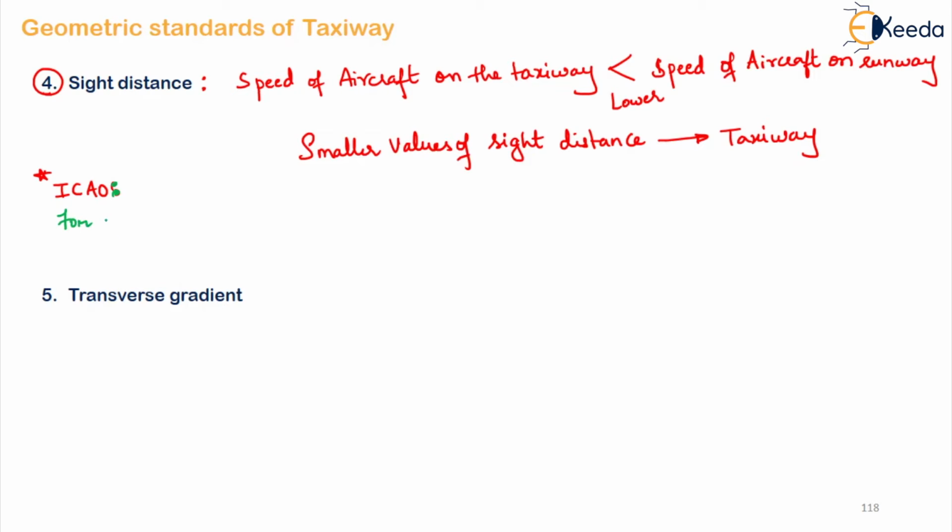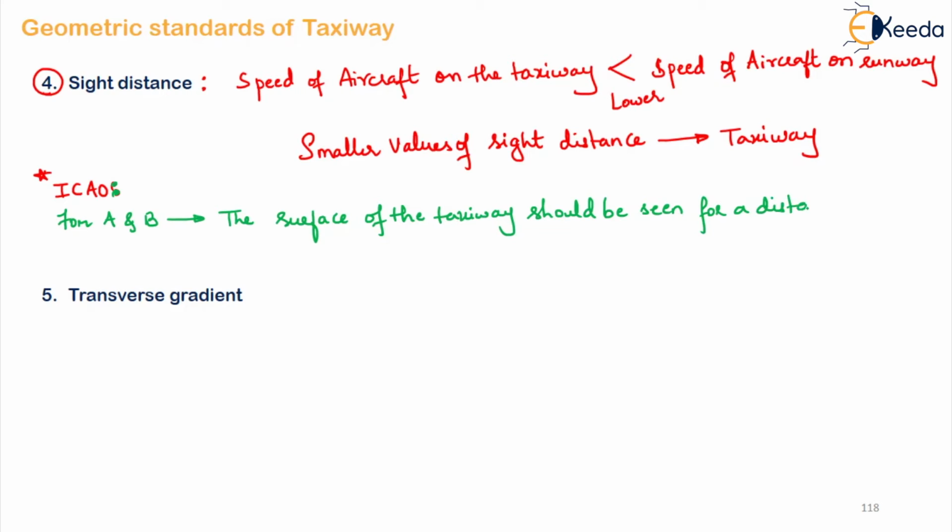If you're going for airport type A and B, the surface of the taxiway should be seen for a distance of about 195 meters from a point 2.10 meters above the taxiway.